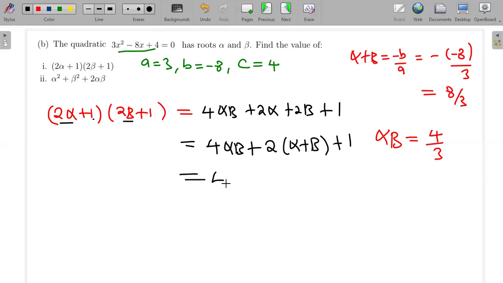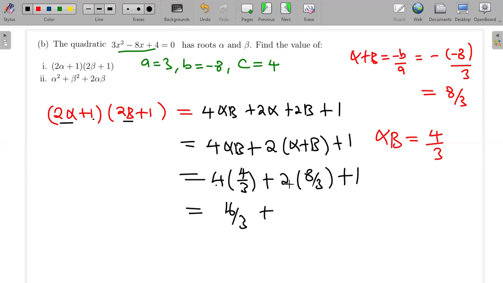So meaning that I have 4. What is my alpha multiplied by beta? It's 4 over 3. Plus 2 alpha plus beta, that is 8 over 3. And then plus 1. So this will just be equals to 4 multiplied by 4. That will be 16 over 3. Plus 2 multiplied by 8, again 16 over 3. And then plus 1.